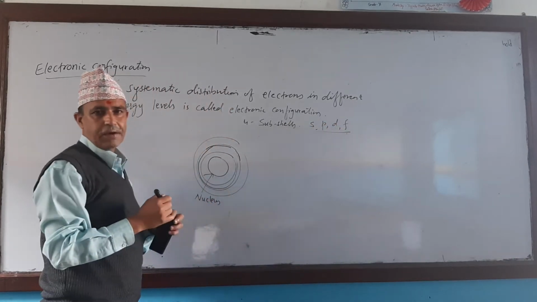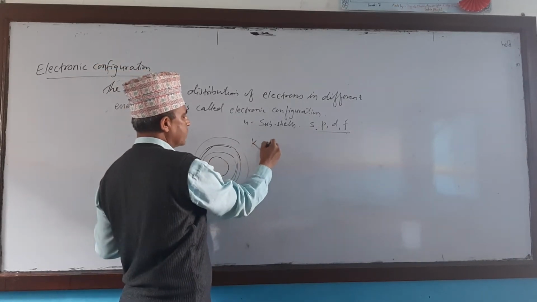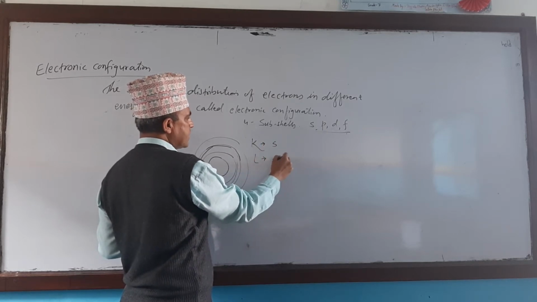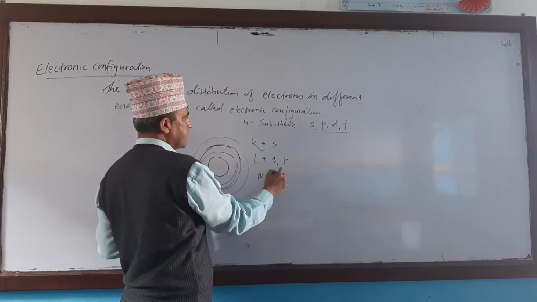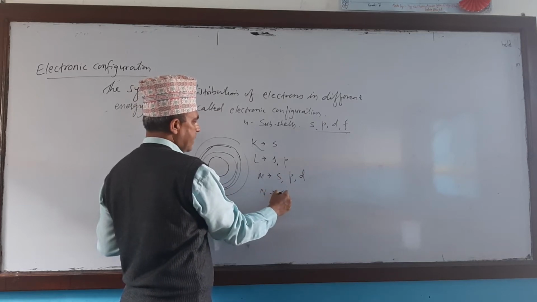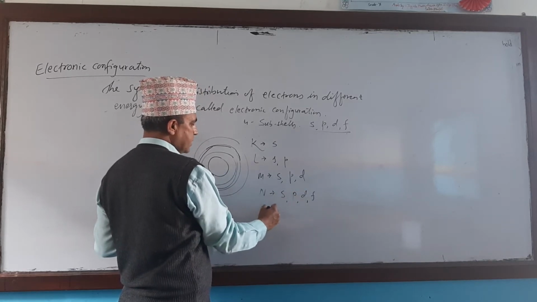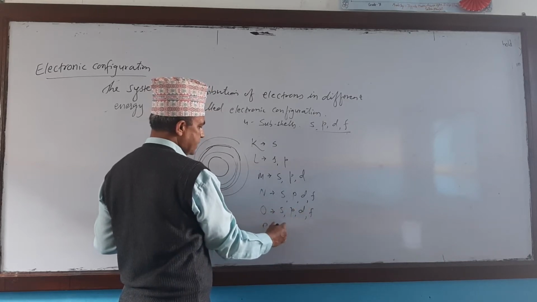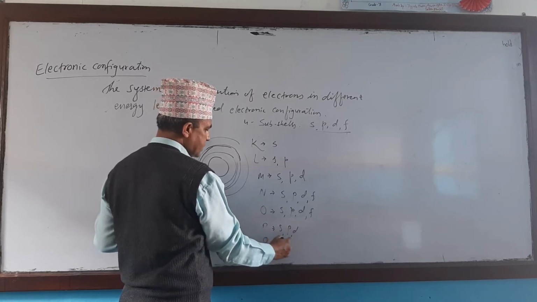The K shell has only an s orbital, L has two, s and p, M has s, p, d, N has s, p, d, f, O has s, p, d, f, P has s, p, d, and Q has s, p.